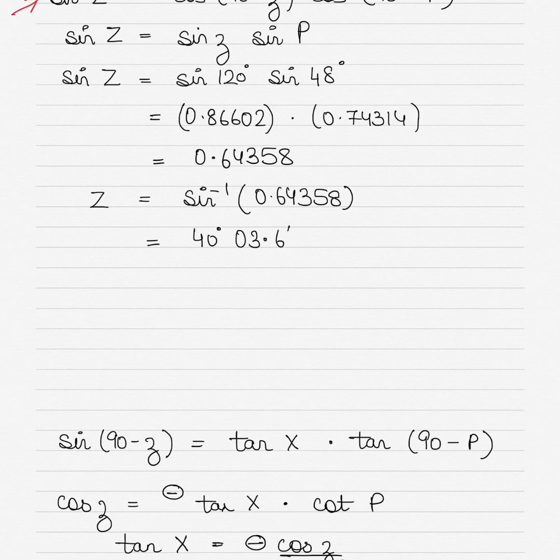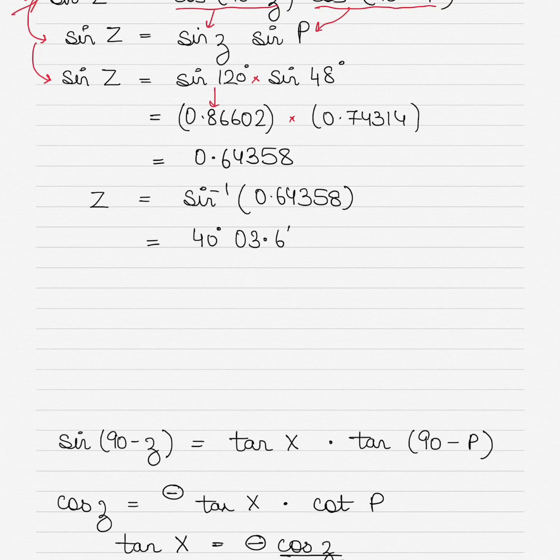So you don't have to introduce the negative sign. So sine z equals sine z, because cos of 90 minus z is equal to sine z, and cos of 90 minus p equals sine p. This is something I have explained to you earlier. So put in the values of z and p in the equation. So sine of z equals sine of 120 multiplied by sine of 48.